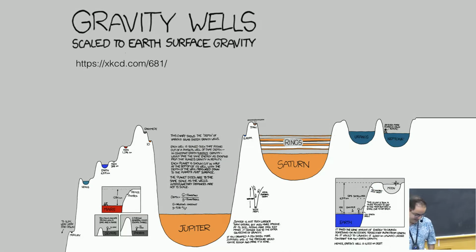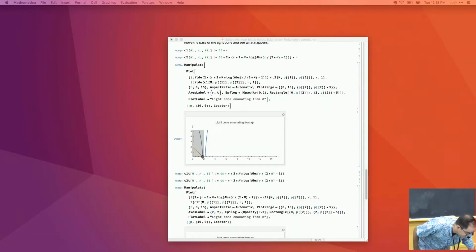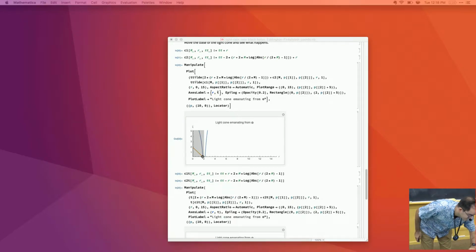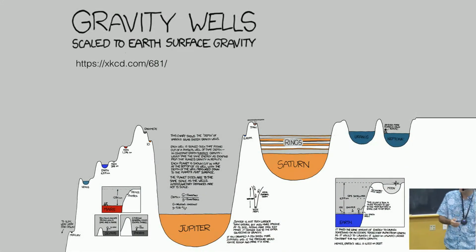And finally, to wrap things up about this very broad review of black holes in GR, I really love this cartoon plot made by the XKCD guy, the guy who draws the XKCD series.